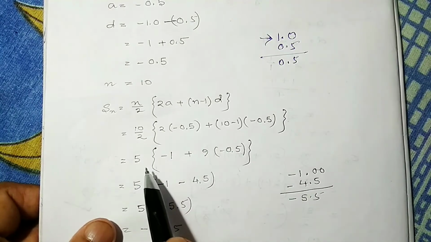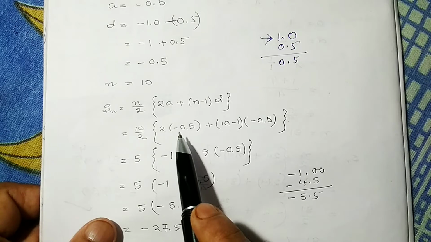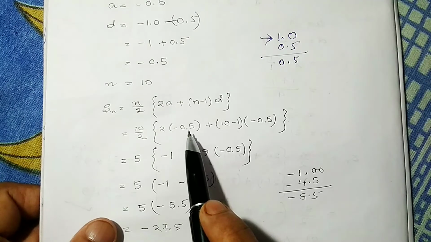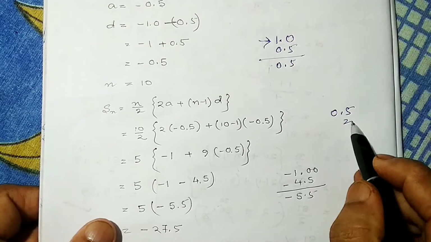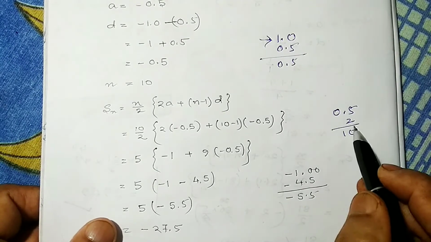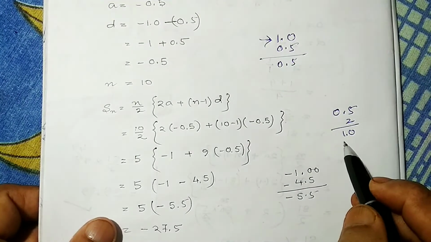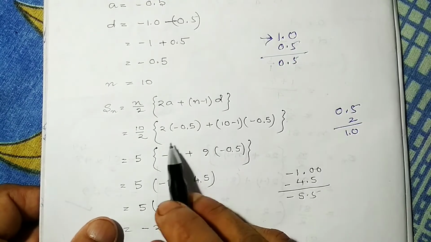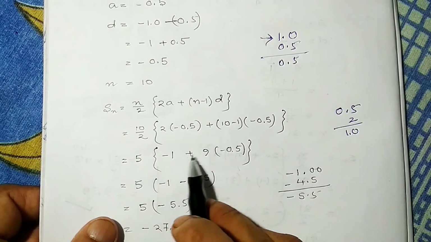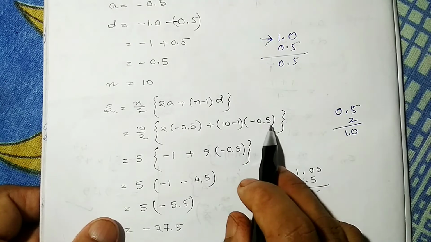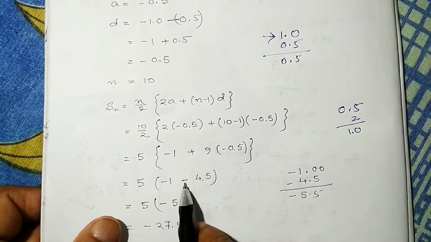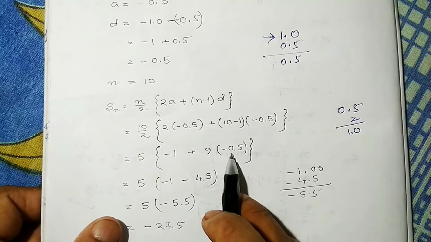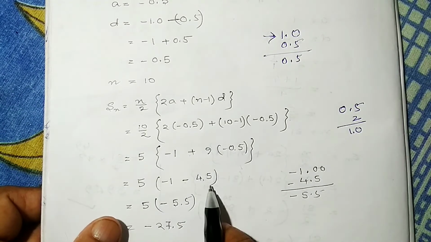Now 10 by 2 is 5. 2 into minus 0.5: just think like this, 0.5 into 2, 5 twos are 10, after decimal 1 place, so it will be 1.0. We can write 1, so it will be minus 1. Plus 10 minus 1 is 9, into minus 0.5. So minus 1 plus minus 9 into 0.5, you are going to get 4.5.